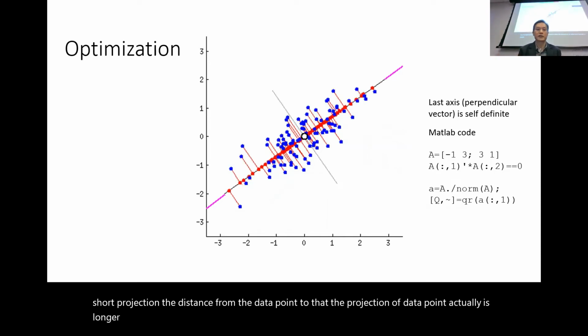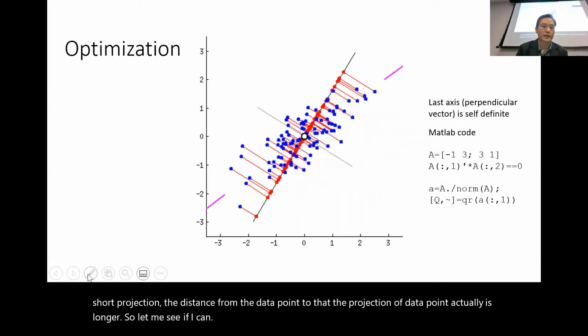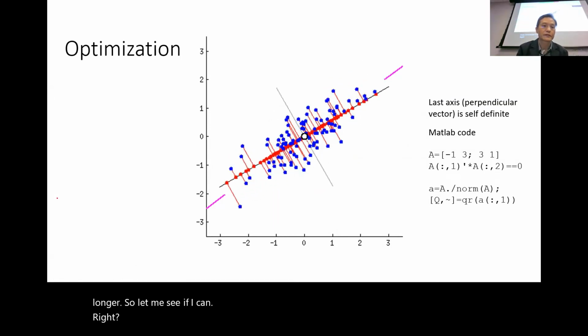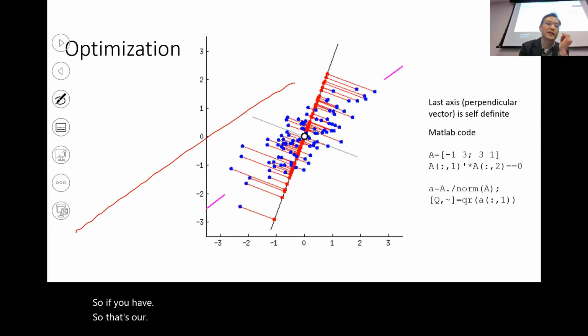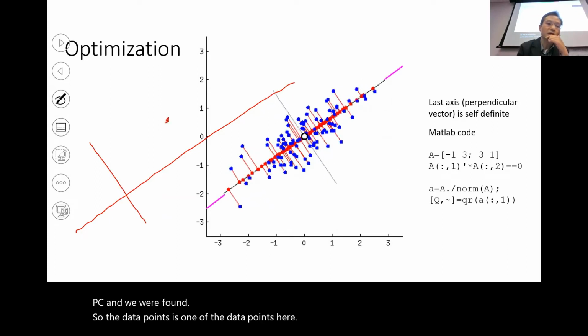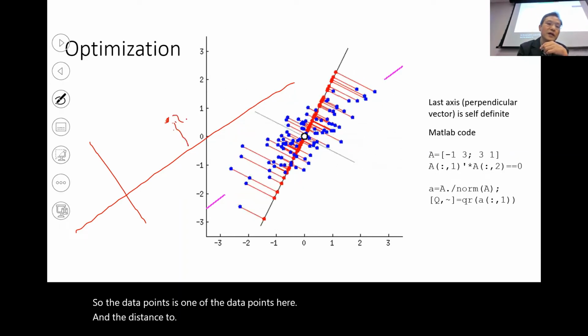So let me see if I can write anything here. So that's our PC at the end we will find. So if one of the data points is here, and its distance to the PC, you want to minimize this distance.